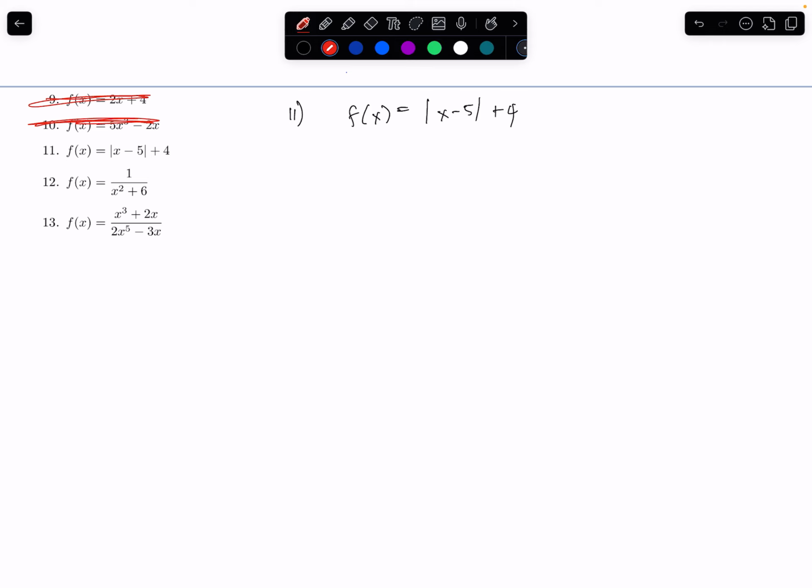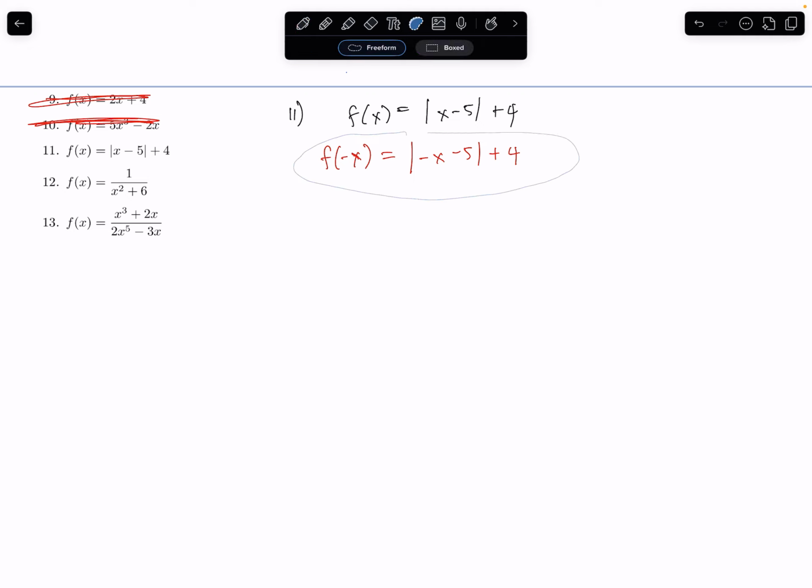By algebraically, I mean let's look at this equation. So I'm going to put in a negative x. When you input a negative x here, you get the absolute value of negative x minus 5, plus 4. Just looking at it like this, it's kind of hard to see what's going on.